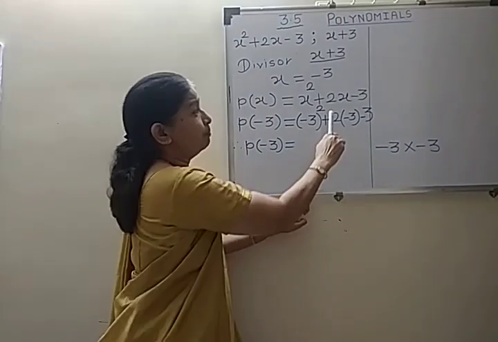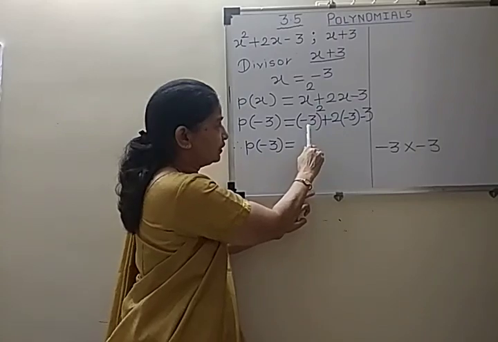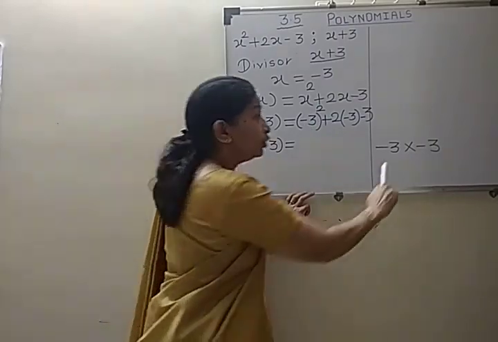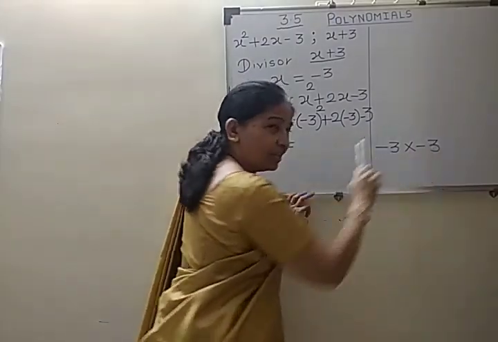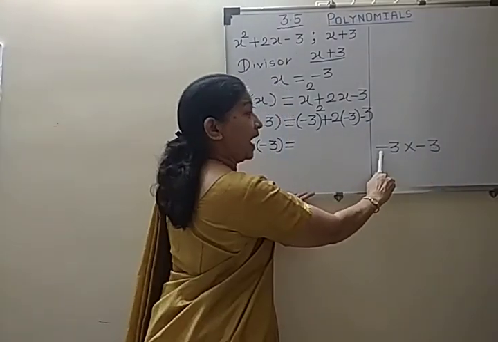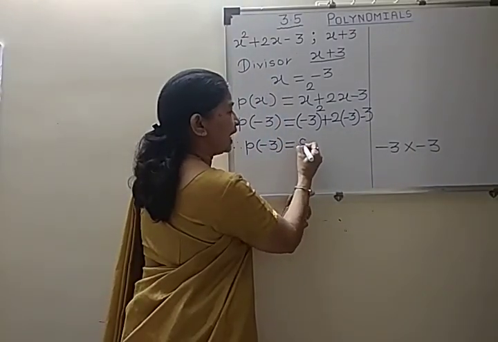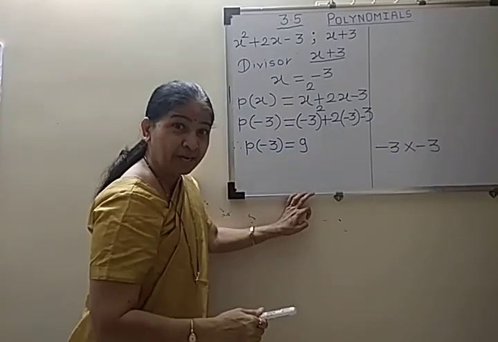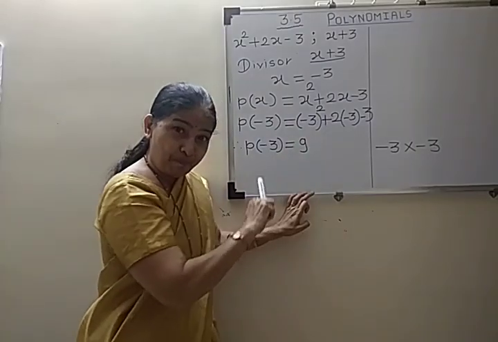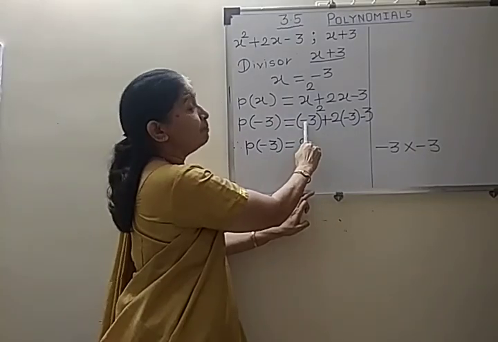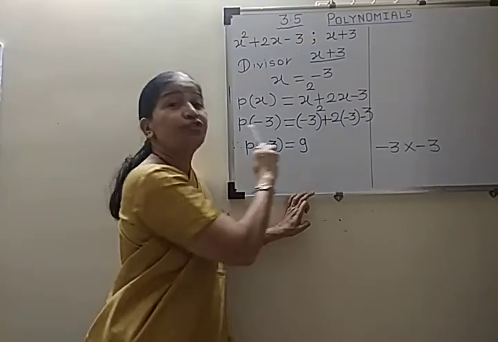Why 2 times? Because the index is 2, so I am multiplying the base minus 3 two times. 3 threes are 9, and minus into minus comes as plus. So plus 9. Remember, the square of any number, positive or negative, always comes positive.